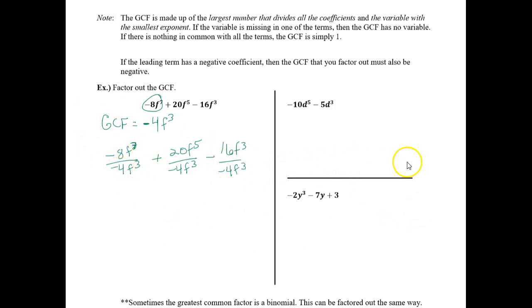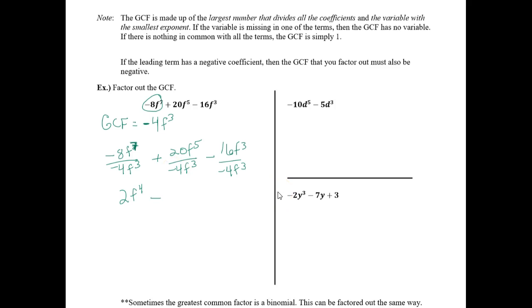So negative divided by negative is going to end up positive. 8 divided by 4 is 2. I had f to the 7th here, divided by f cubed. That's going to leave me with f to the 4th, right? 7 minus 3. And then a positive divided by negative is going to end up negative.